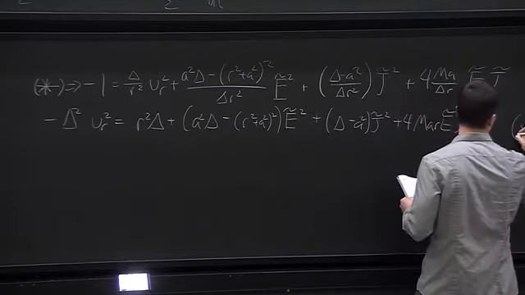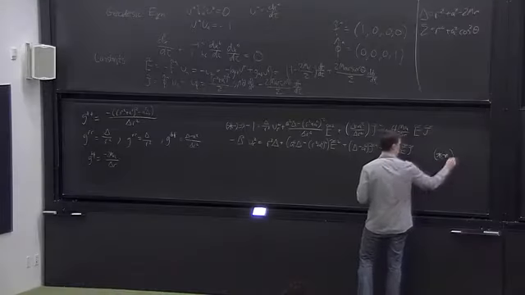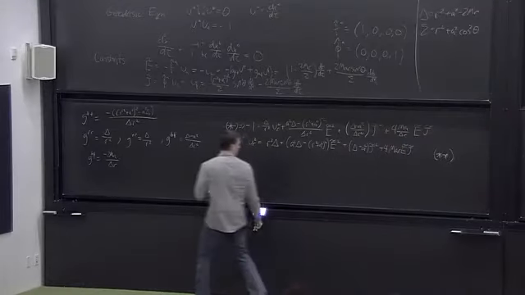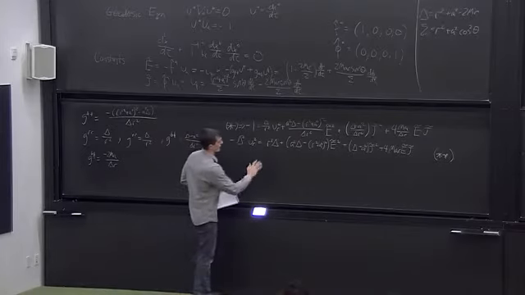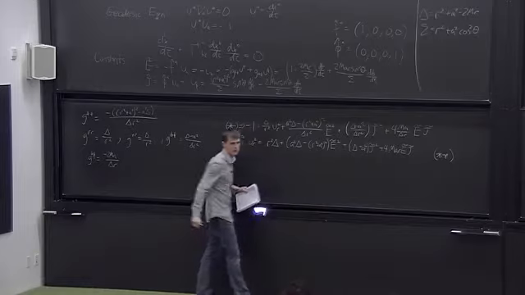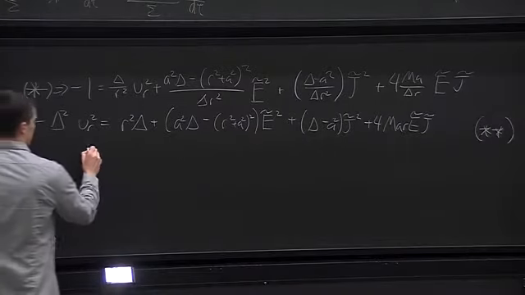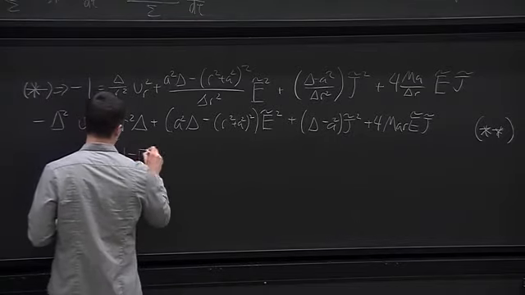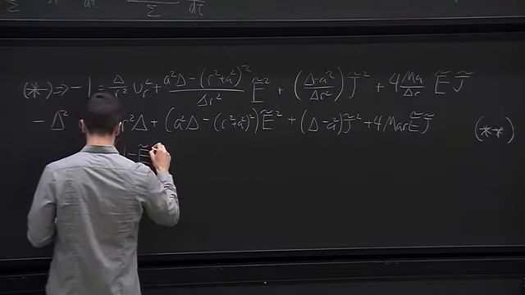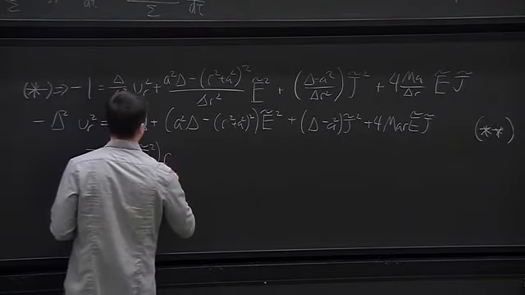And let's call this equation double star. And finally, we just want to collect the different powers of r. So the leading term is going to be r to the fourth.